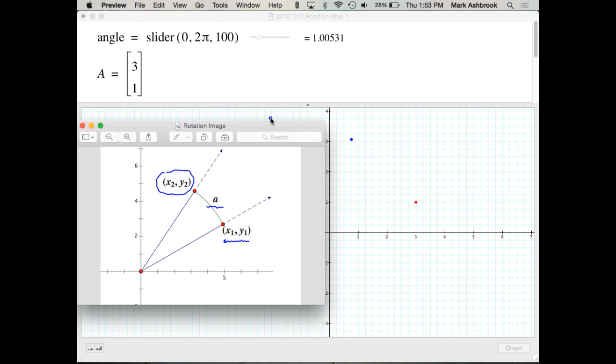So really, this is point A. Yeah, that's the right idea, but instead of using 3 and 1, we want to use x1 and y1. So we agree with what she said? 3 cosine theta and 1 sine theta? Yeah, but I'm trying to figure out more generically now. Others?